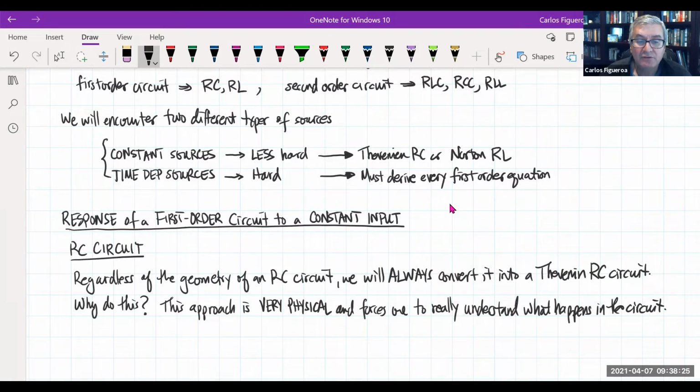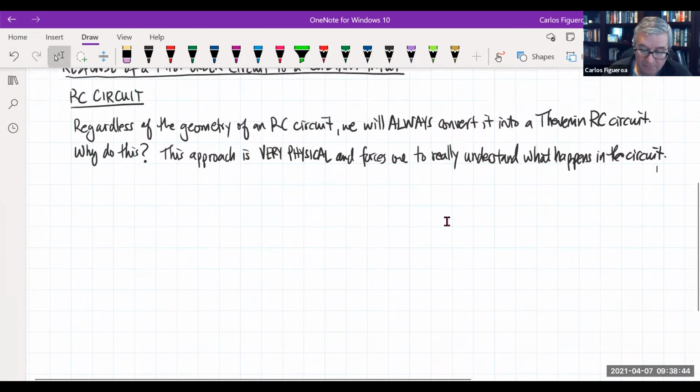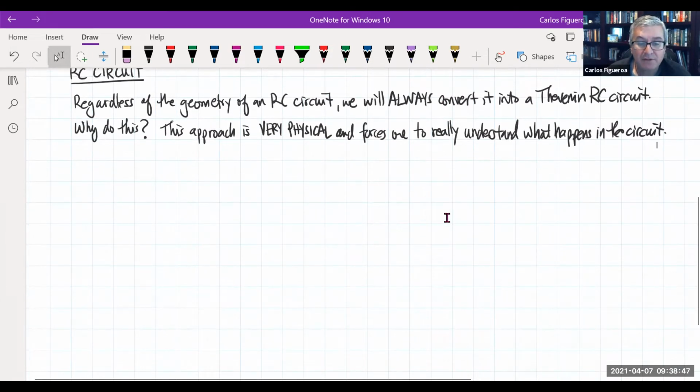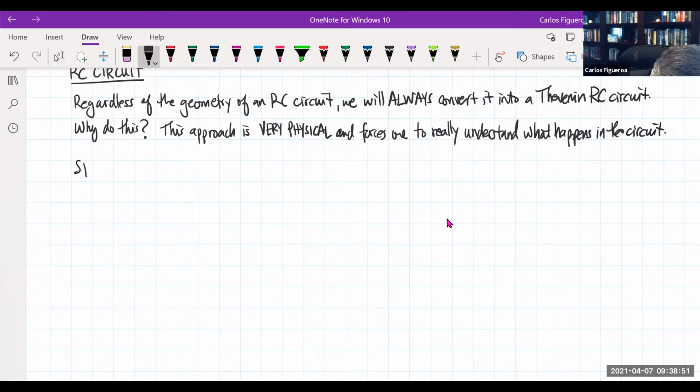But if I base you in intuition first, you'll see that it will pay huge dividends later on. So that's why I use the method that I use. I want a physical understanding, not a mathematical understanding. So here we go. Let's do that. So we start with an RC circuit.